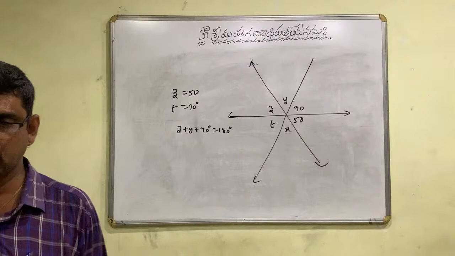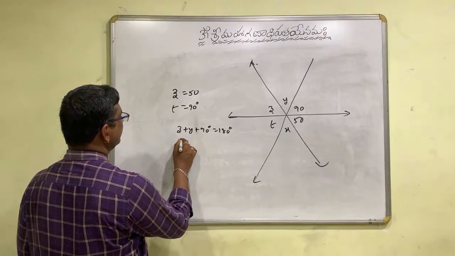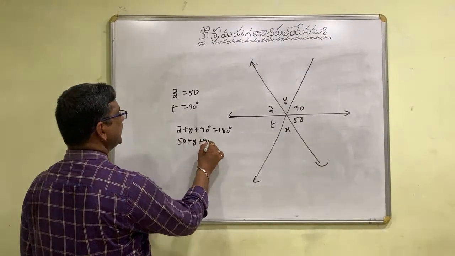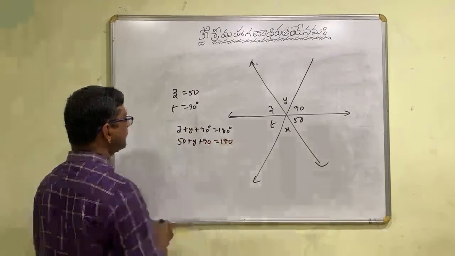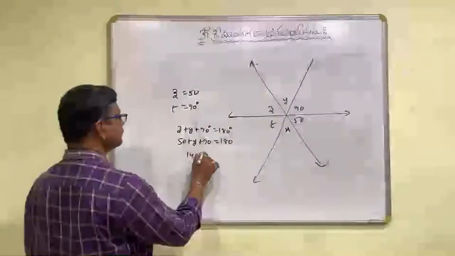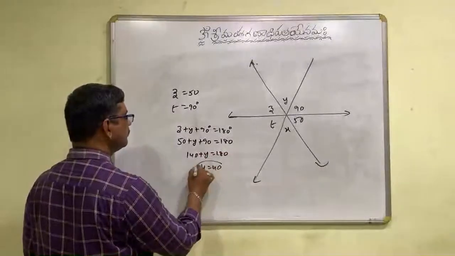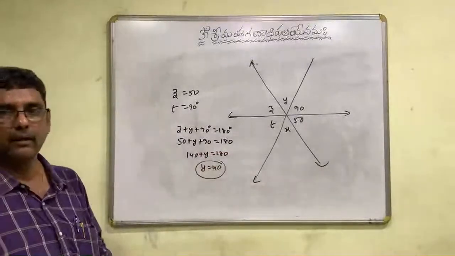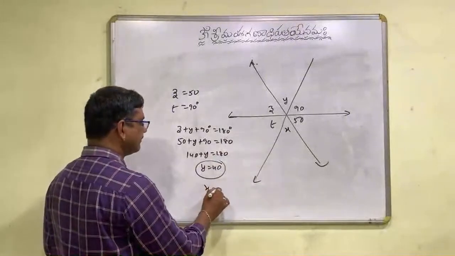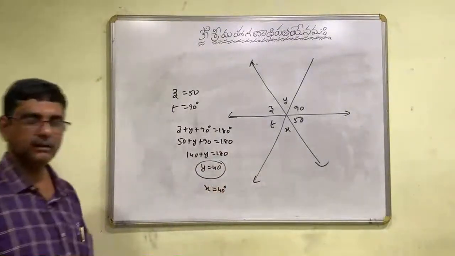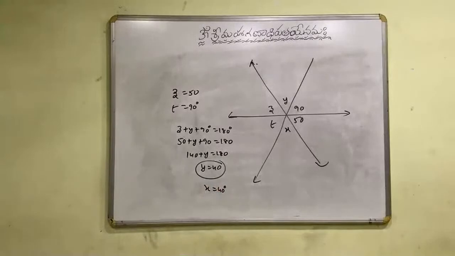Okay. Z we got 50, plus Y plus 90 is 180. 140 plus Y is 180. Y is equal to 40.